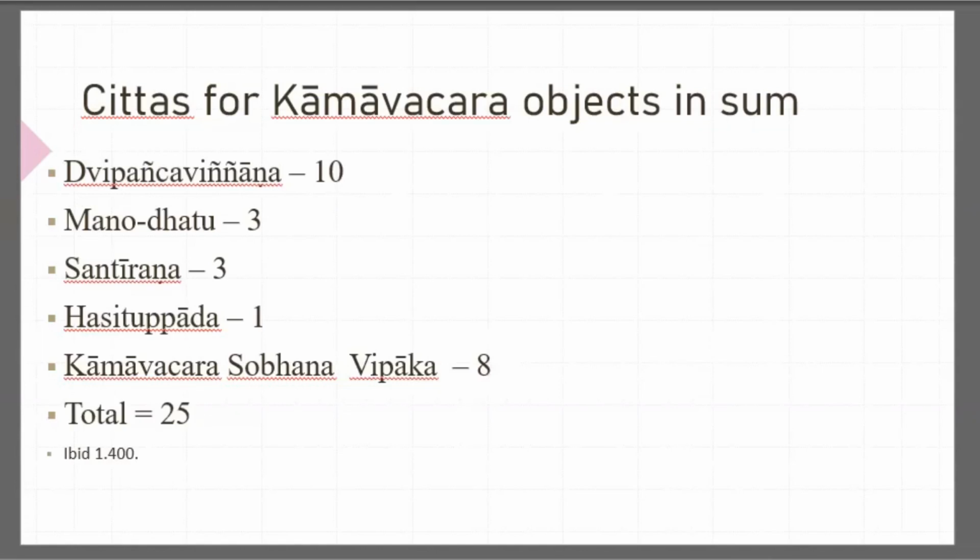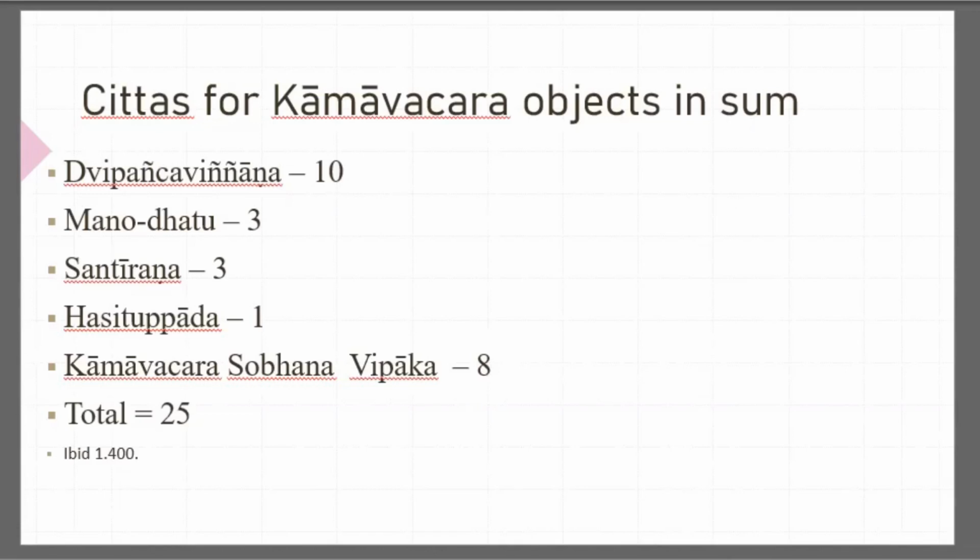Then Manodhatu. 3 Manodhatu Cittas take the present 5 objects. Then Santirana, Hasituppada and Mahavipaka take Kamavachara objects. Altogether how many? 25 Cittas. Therefore we call these 25 Cittas that take Kamavachara objects.